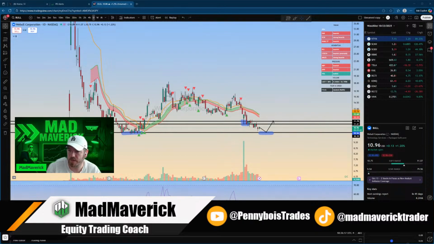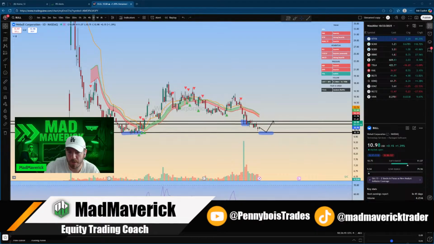So there's a few things that come to mind with this one. The tariff deal. If something good comes out of that, I think we see Webull shift back up to the upside towards probably that $15, $16 range where it was at before. And if we don't get a deal, then you would likely get this lower, which isn't a bad thing.